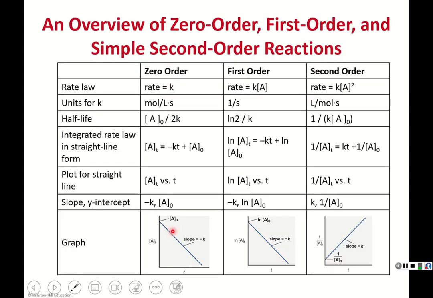All right, this is a good summary table for everything we've talked about for kinetics. It gives you, for zero order, first order, second order, the rate laws, the form they would follow, the units you would look for with your k values, your rate constants, your half-life equations, integrated rate law equations in the straight line form, the plot you'd have to do to get a straight line, and then what the slope and the y-intercept are for those straight lines.